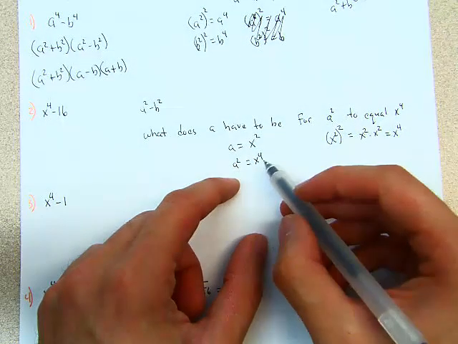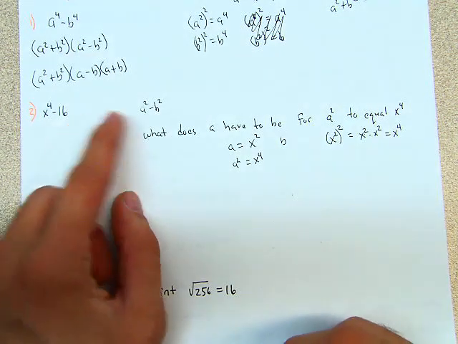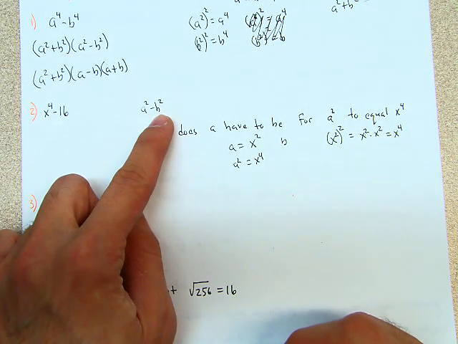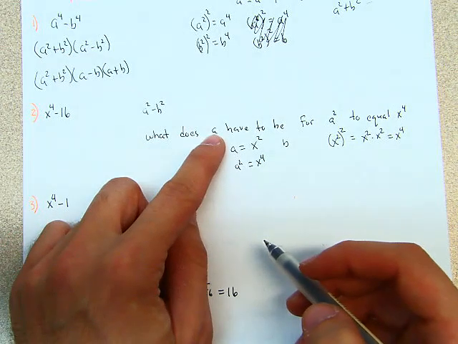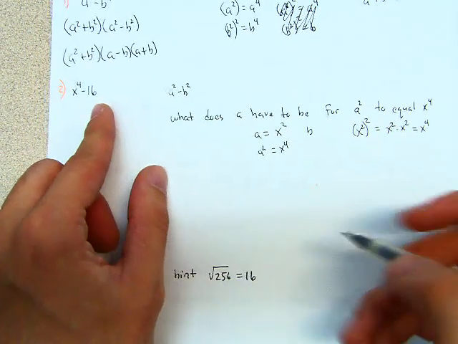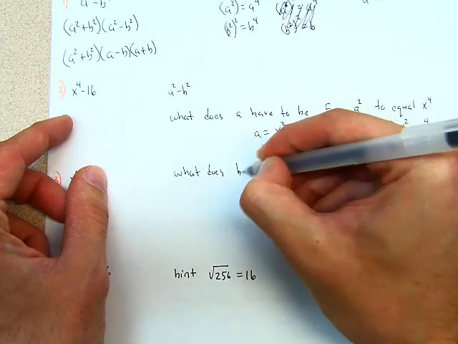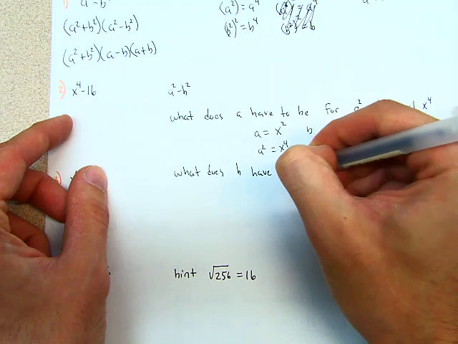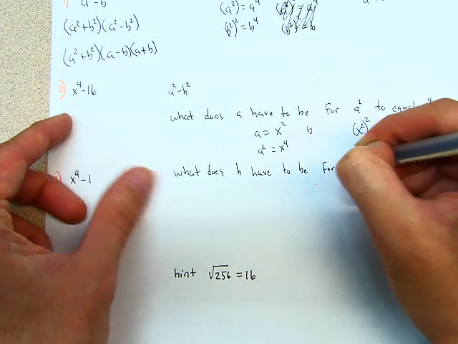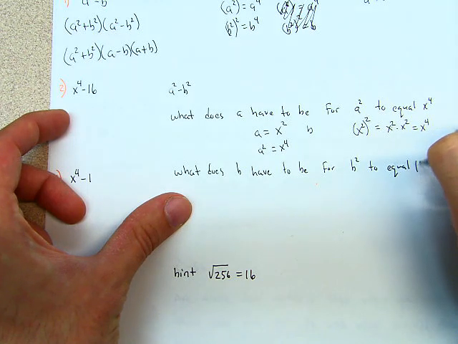Okay? And now what do we want b to be? We want this b, like what does b have to be for b squared to equal 16?